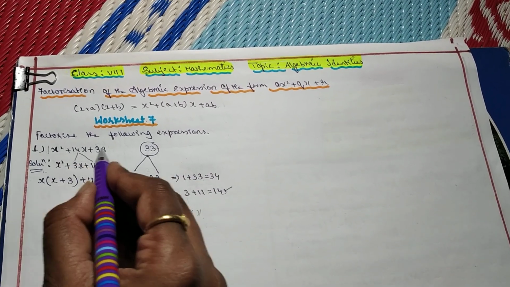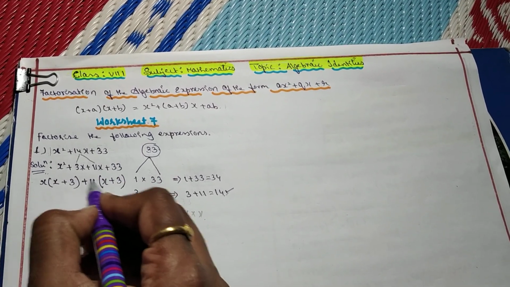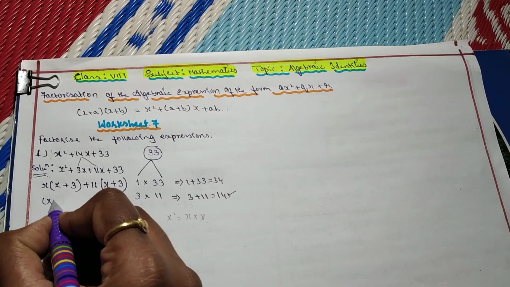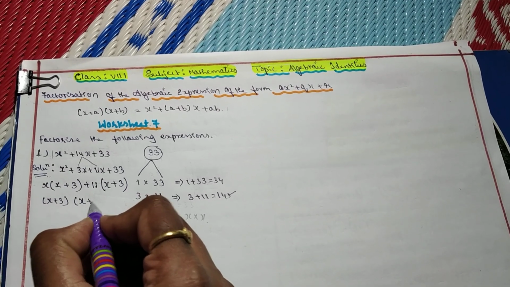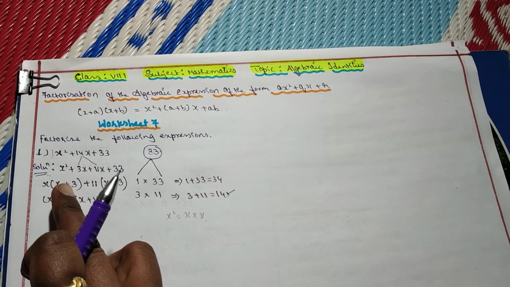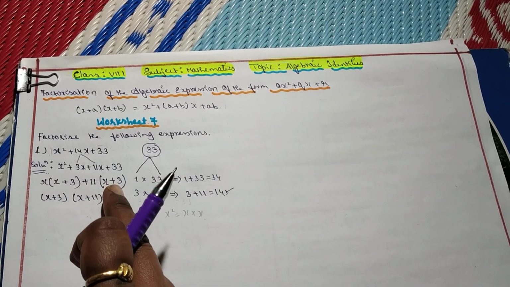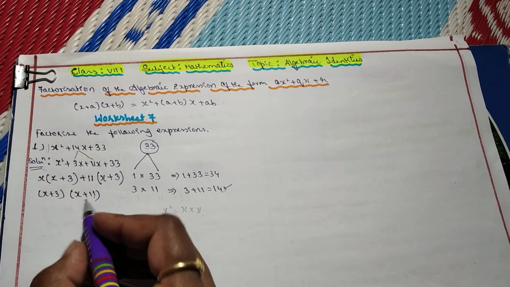Now the 4 terms are made into 2 terms. Now in between these two, x plus 3 is common, and the remaining is x plus 11. That is, after taking x plus 3, what is the factor left? x plus, and from the second term, x plus 3, what is left? Plus 11. So plus 11 is taken.